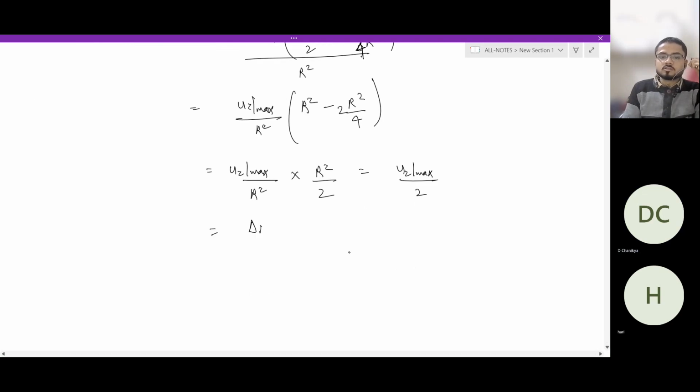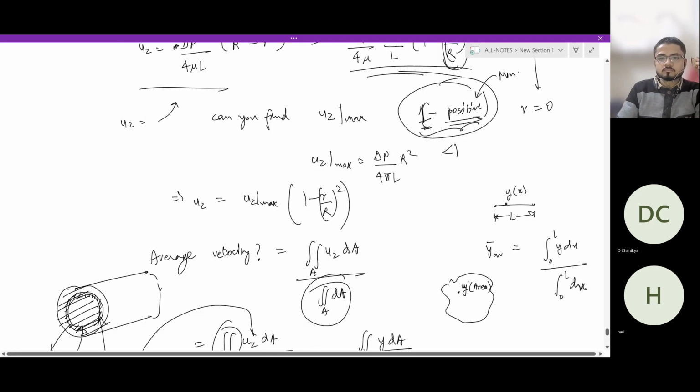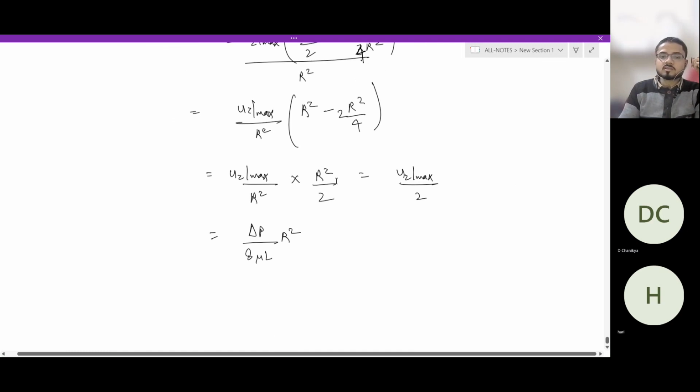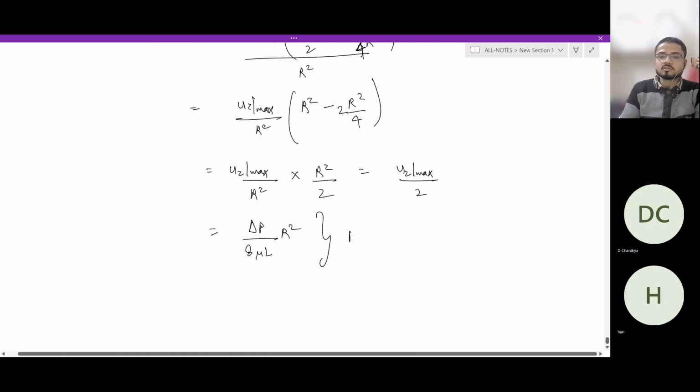Which becomes from here. Okay. And this is the famous Euler problem.